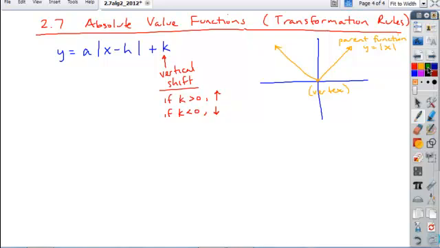Then we have another transformation that occurs inside our function. So again, the vertical shift is outside the function. When you embed something within the parent function itself, the shift is horizontal. And the easiest way, the way that I've always taught this, is the shift occurs whatever value of x gives you a 0 inside.